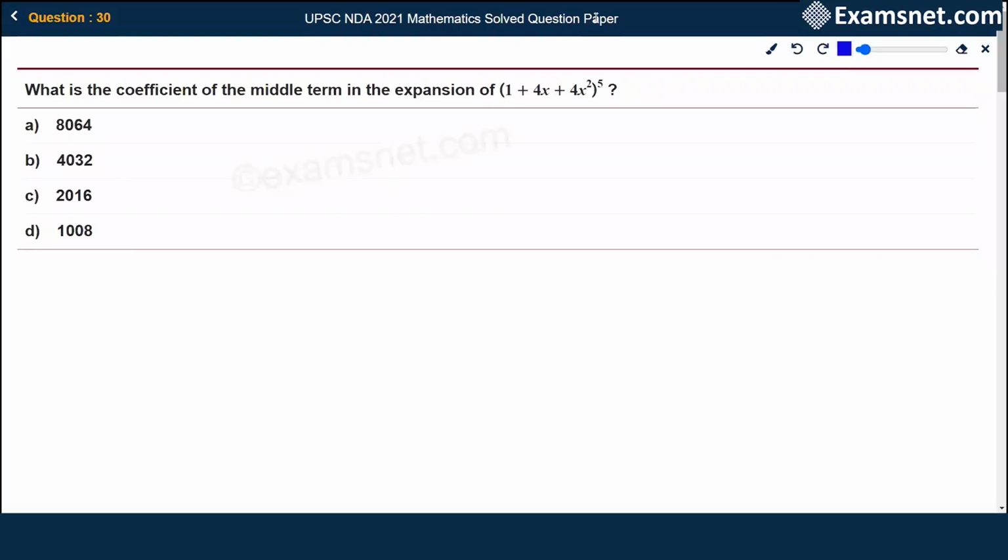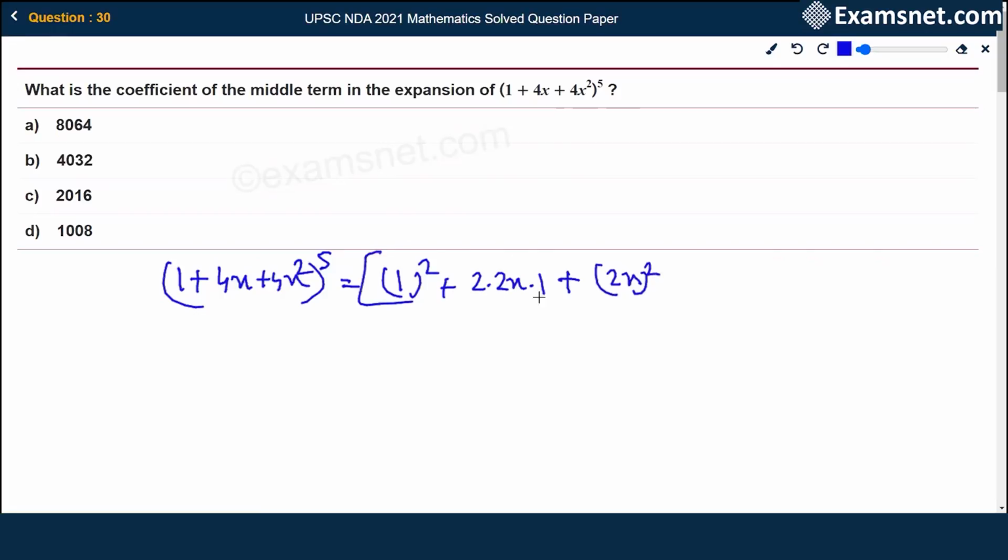In question number 30, it is given, what is the coefficient of the middle term in the expansion of 1 plus 4x plus 4x square whole to the power 5? First, let me simplify it. This can be written as 1 plus 2 multiplied by 2x plus 2x whole square, whole to the power 5.